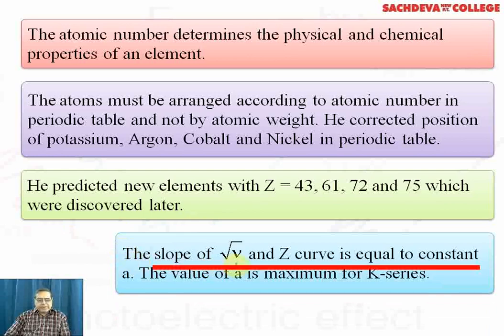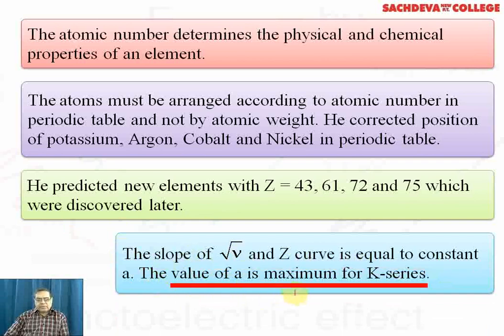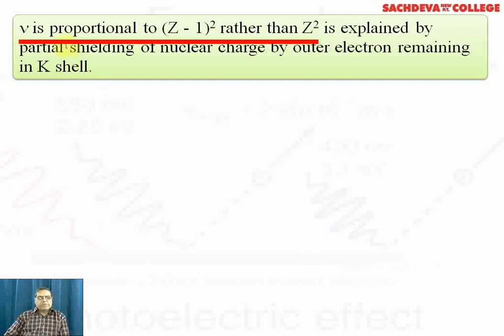The slope of the square root of nu versus Z curve is equal to a constant A. The value of A is maximum for the K series, that is, when an electron is excited from the n equal to 1 state. Nu is proportional to (Z minus 1) squared rather than Z squared.